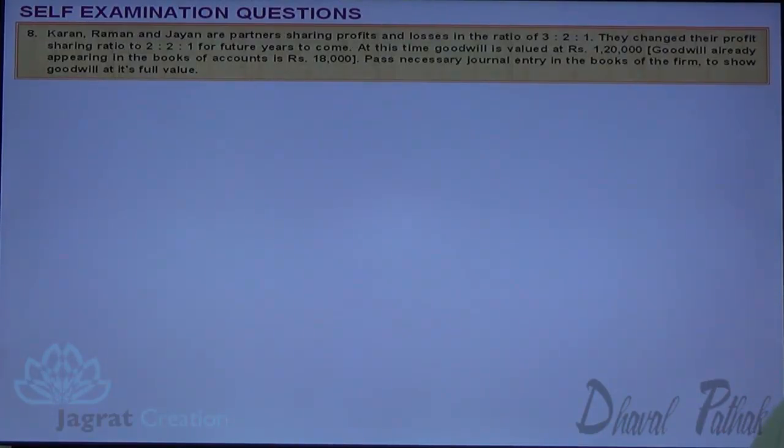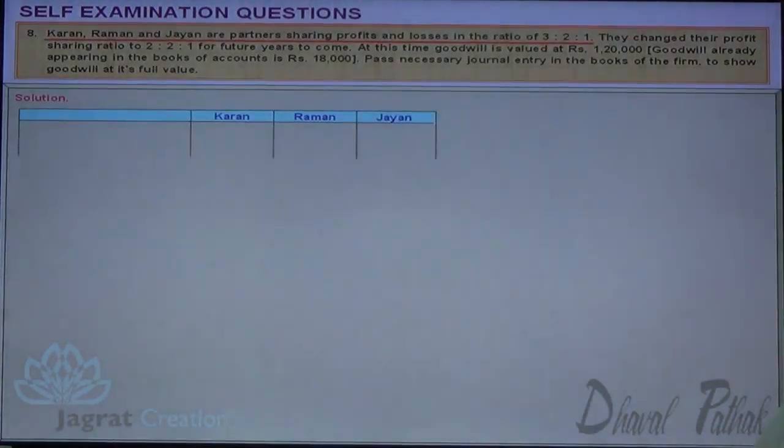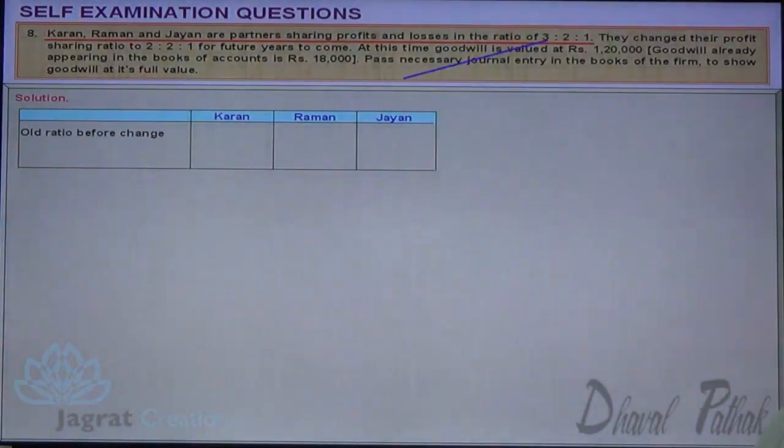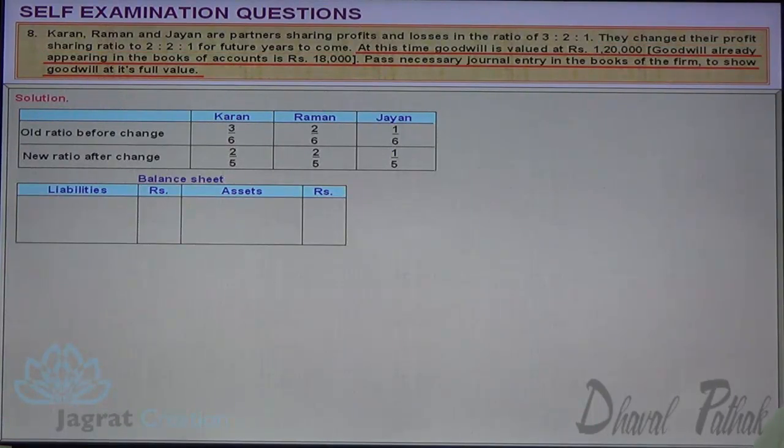Now goodwill is to be raised. How much? Let us work it out. So these are the three partners. 3:2:1 is the old profit sharing ratio. New profit sharing ratio is 2:2:1. So 2/5, 2/5 and 1/5. Now balance sheet value of goodwill is 18,000.